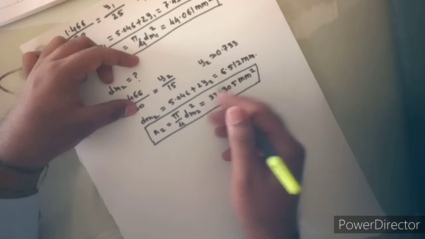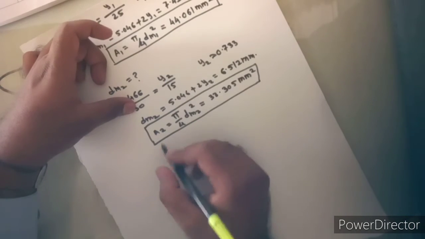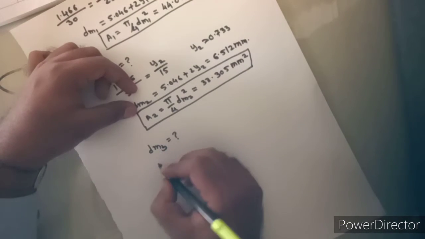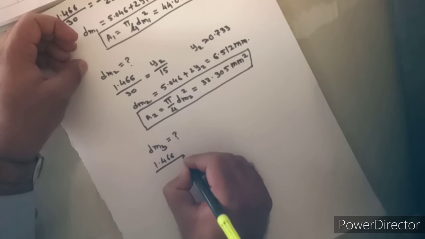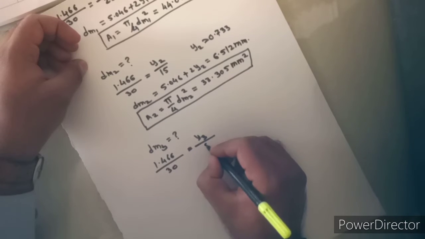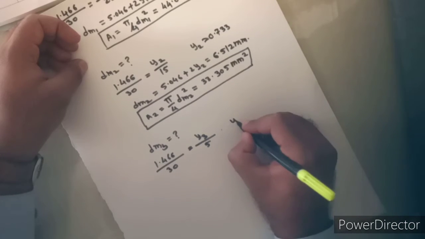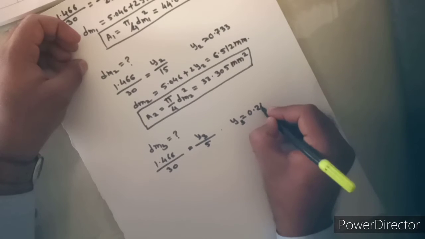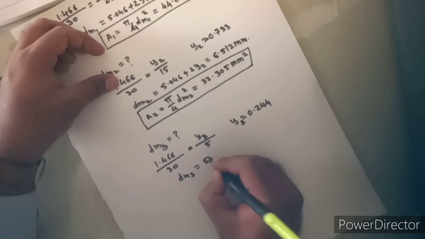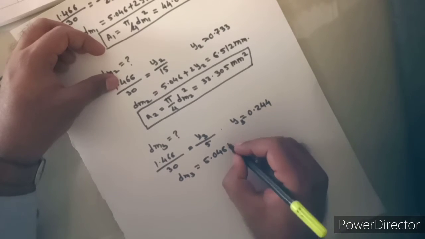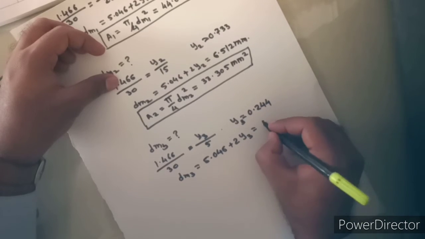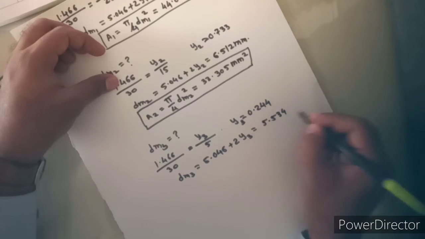Similarly, for finding DM3 you use the same: 1.466 divided by 30 is equal to y3 divided by 5. Then y3 is equal to 0.244, and DM3 is equal to 5.046 plus 2 y3, which is 5.534.